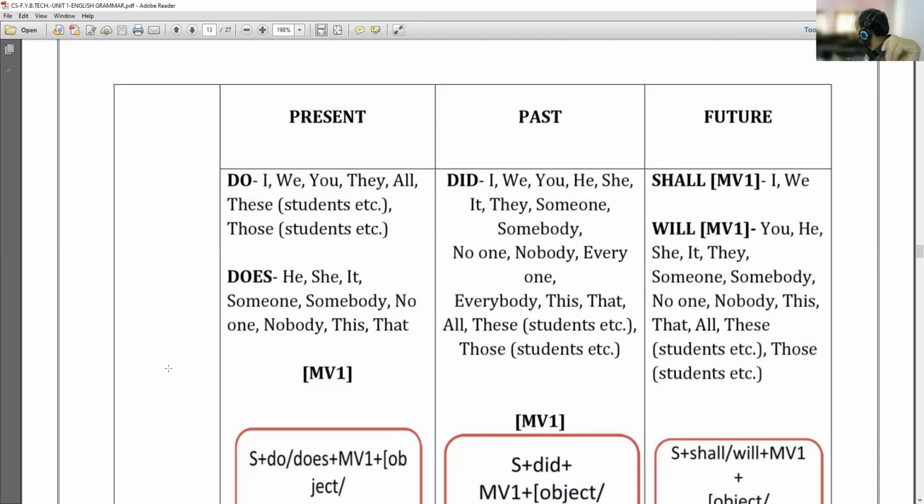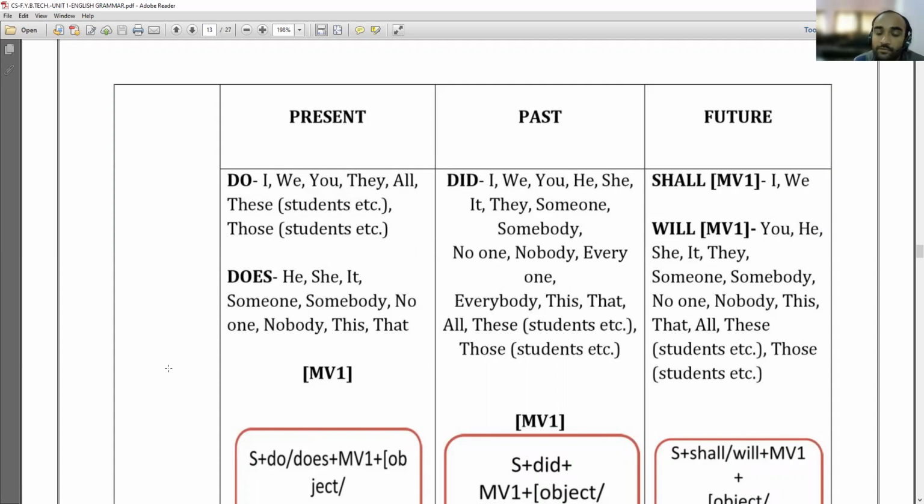Okay, does is used after singular pronouns. So in the plural pronouns, there comes I, we, you, they, all, these, those. म्हणजे these students or those students.